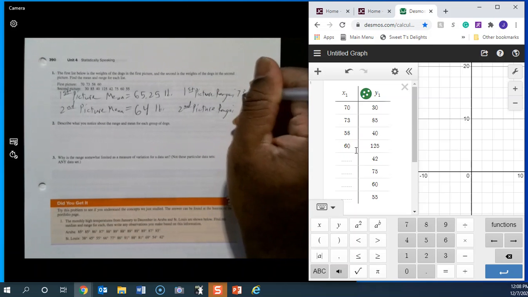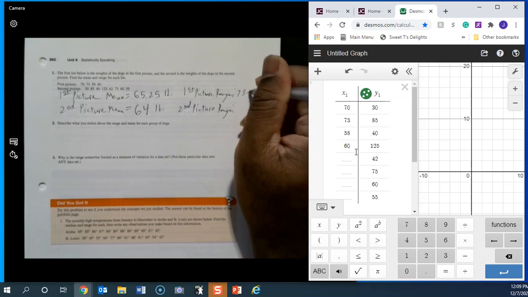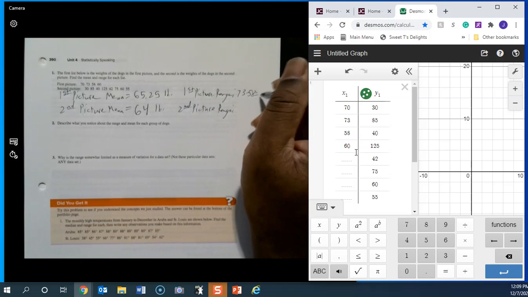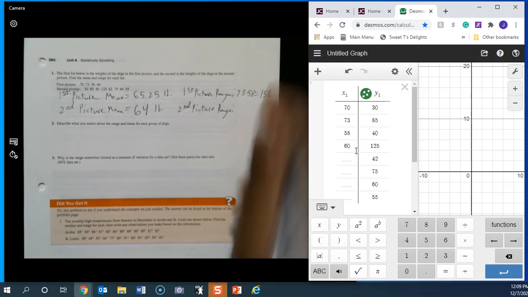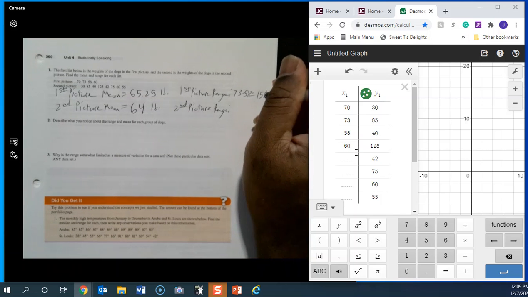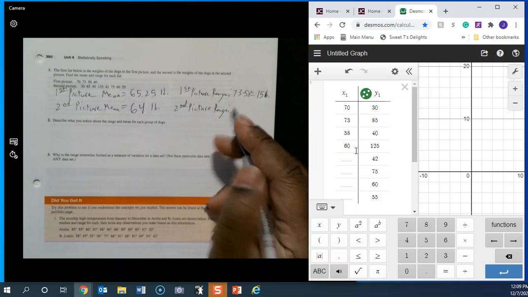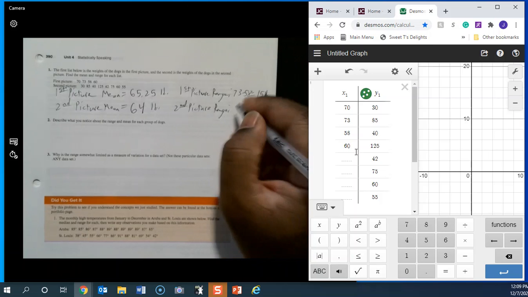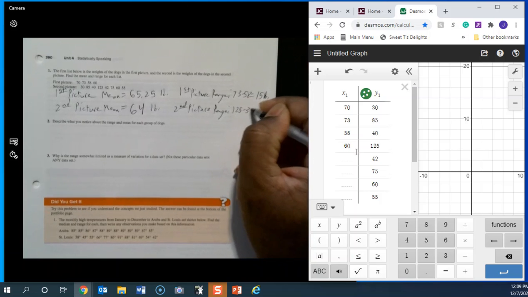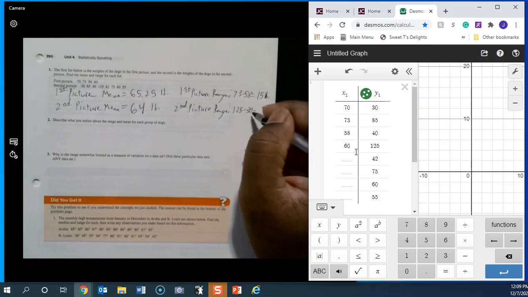So that'd be 73 minus 58, which actually gives us, let's see, 15. So it'd be 15 pounds. So that would be the range here. So the second picture, the highest value is 125, the lowest is 30. 125 minus 30 is 95 pounds.